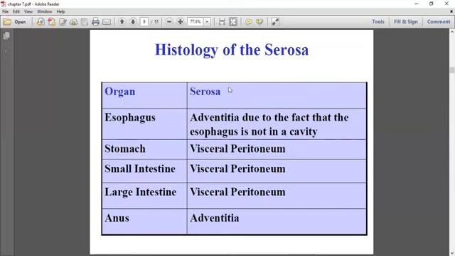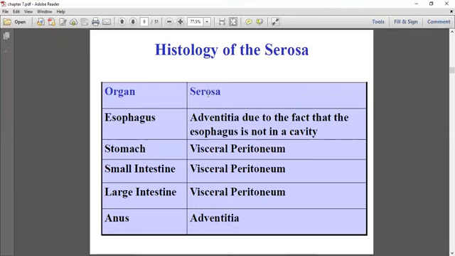Serosa, the outermost layer, as I said, serosa related to the serous membrane that lines the abdominal or peritoneal cavity. And the serous membrane is composed of 2 layers. It's a double membrane.